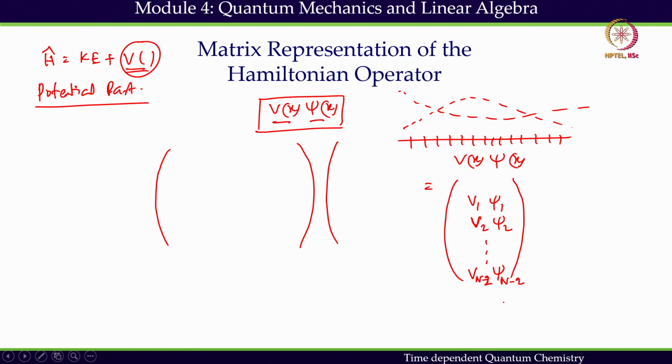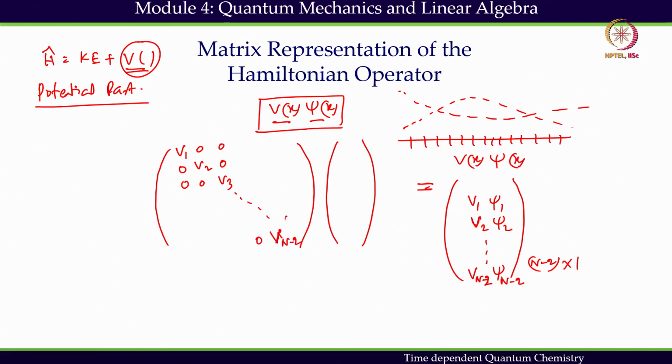So, this is going to be an (n-2) by 1 column matrix. Now, this column matrix can be very conveniently represented in the following form. We get this column matrix with the help of V1, V2, then 0, 0, 0, 0, V3 like this, and then V(n-2).